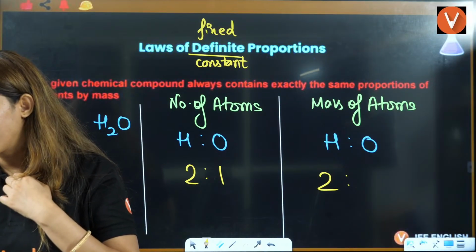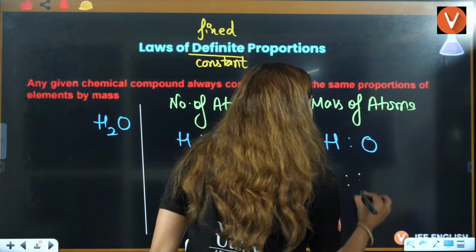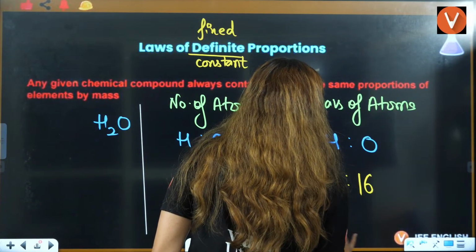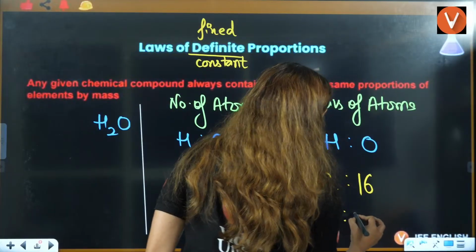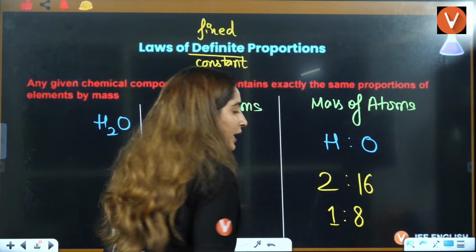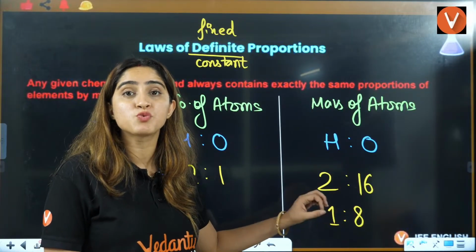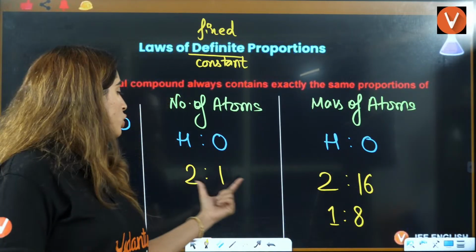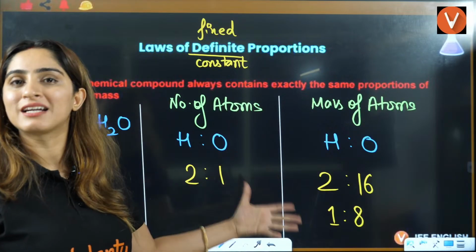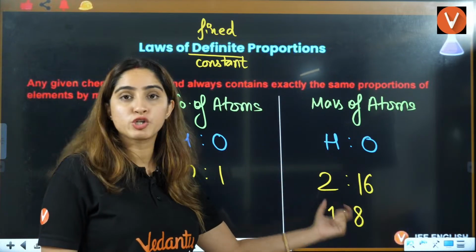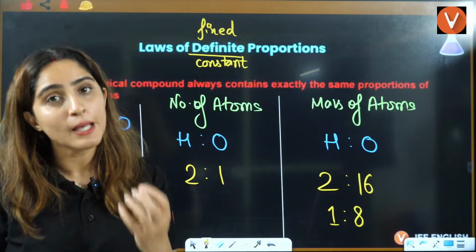Yes, very good. 2:16. If you divide it by 2, that will become 1:8. So this is the ratio by mass. Whenever we say 1:8, this is by mass. 2:1 is the ratio by atoms. If they have mentioned 1:8, that means they are talking about ratio by mass.